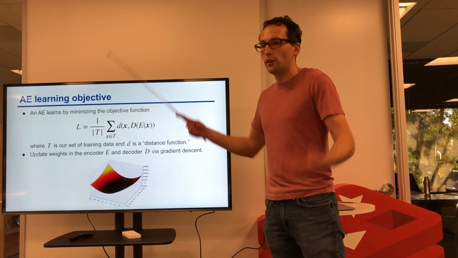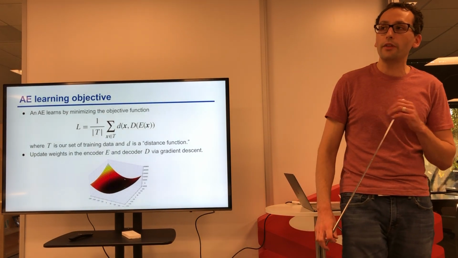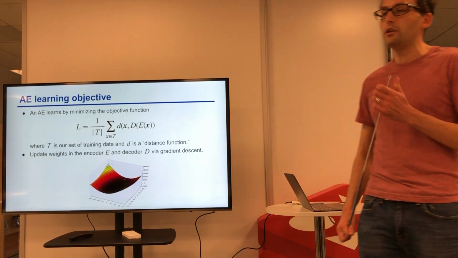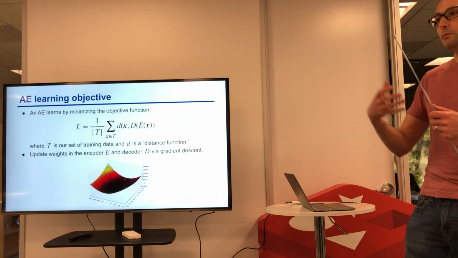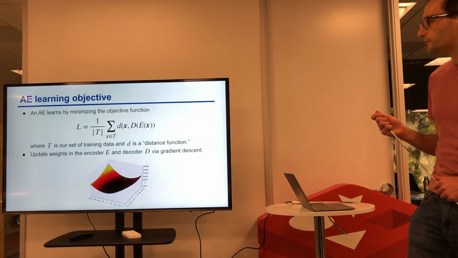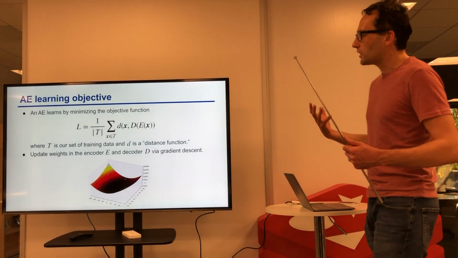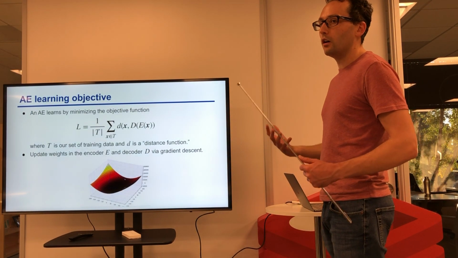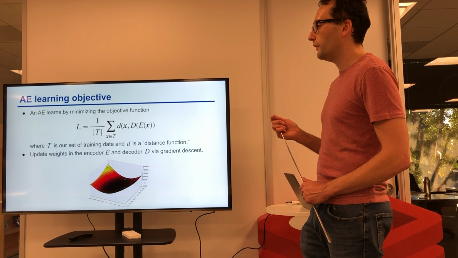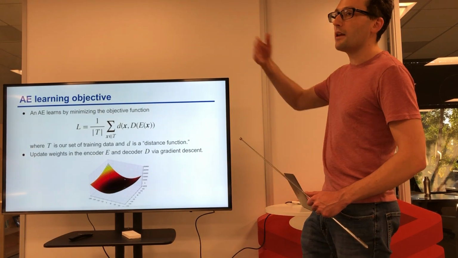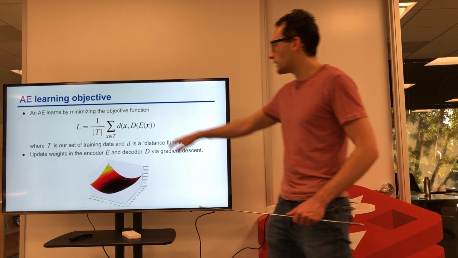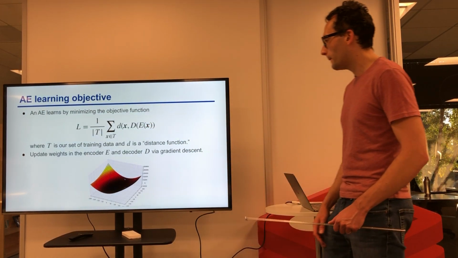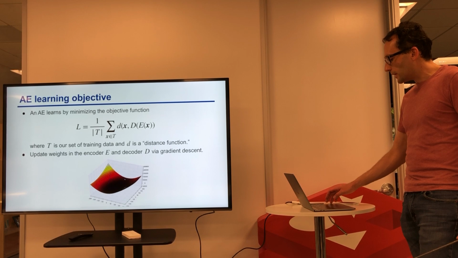There are different distance functions you can use out there. A common one that people use is the L2 difference, or Euclidean distance, between points in a vector space. If you can make this loss function very, very small, then your autoencoder is doing a very good job. And you're doing that by changing those weights in the network, which I'm not showing explicitly in this equation. You can do that using gradient descent.